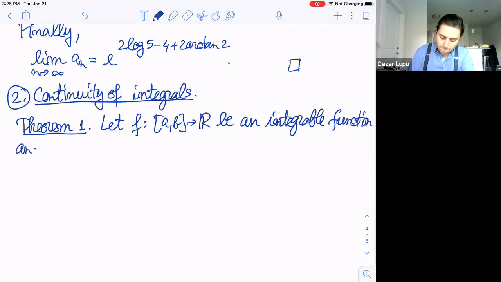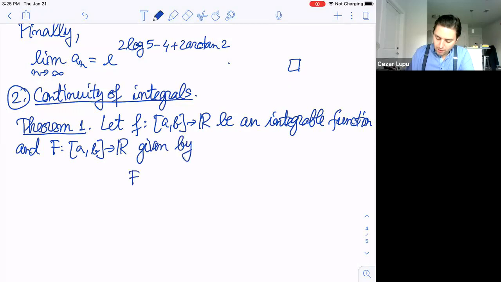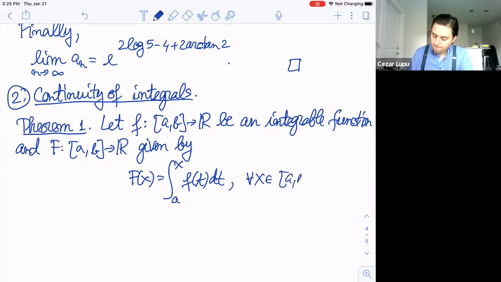And let capital F, defined from a to b to R, be given by F of x equals the integral from a to x of f of t dt, for all x in [a, b]. Then capital F is continuous.